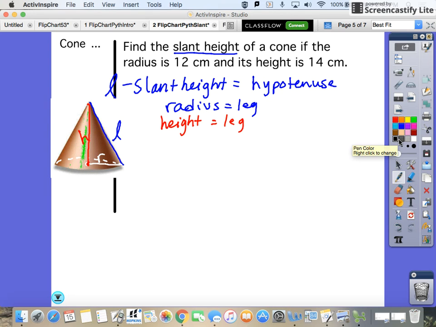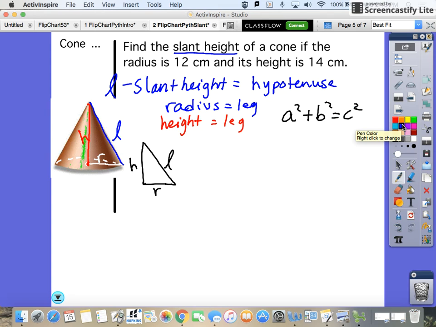So if we were to redraw this triangle that I've sketched out, we'd have slant height, radius, height. Normally we have a squared plus b squared equals c squared. But instead, H is a leg, R is a leg.